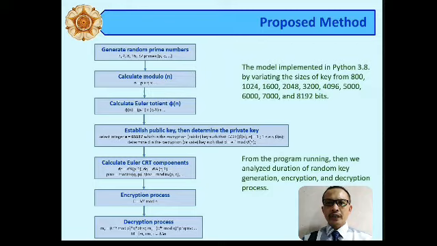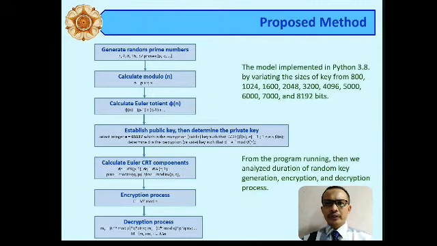Then we can calculate the Euler Chinese remainder components as components of the private key that we will use to implement CRT methods in the decryption processing. After that, we have the public key and private key, and its private key components, and we can use it to encrypt our message.